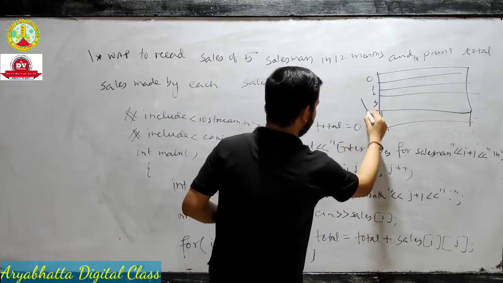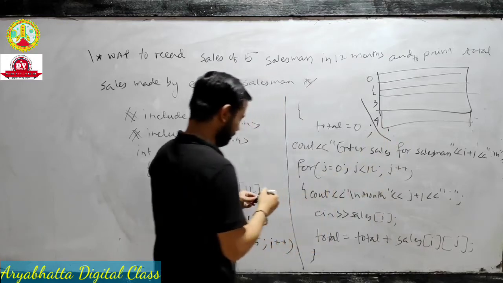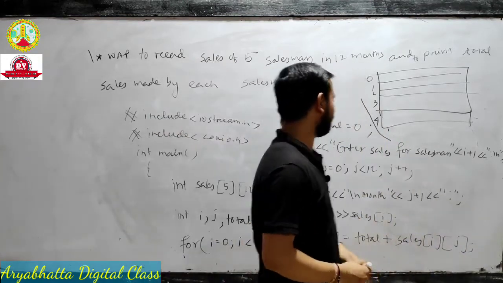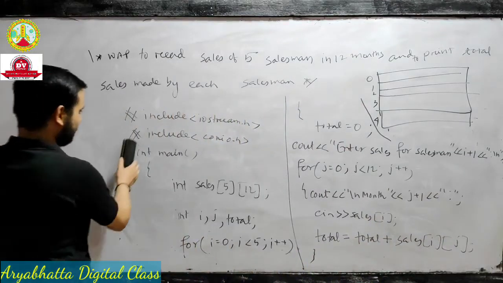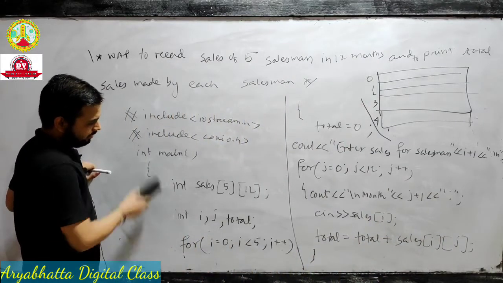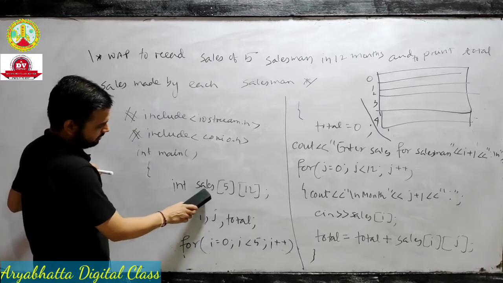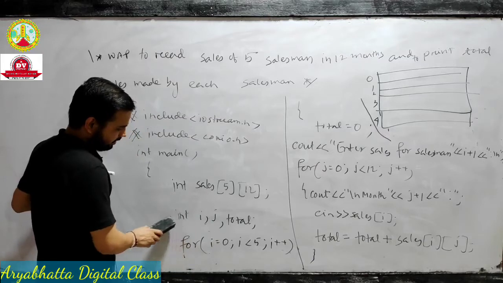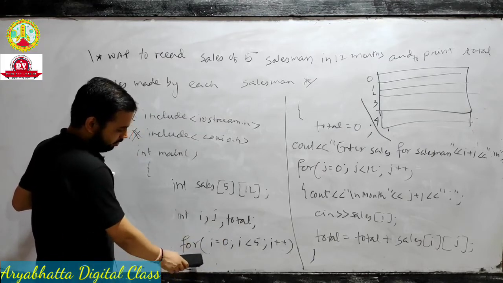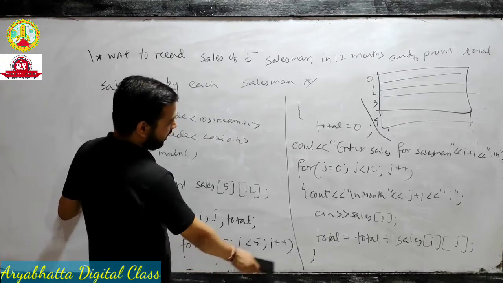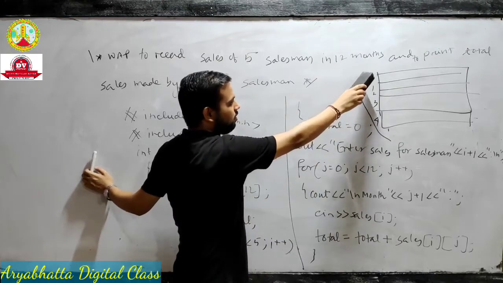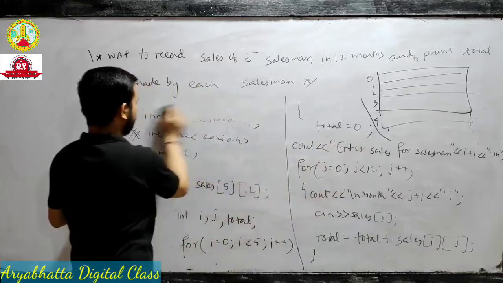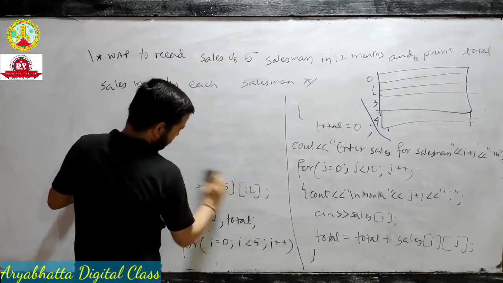Initially total is 0. This is the input: enter sales for salesman. Up to this I hope you are clear; note it down. This is the two-dimensional array declaration, this is the variable declaration where we take three integer variables i, j, total, and this is the input loop. i equal to 0, i less than 5, i plus plus means this is the row; 5 rows, index 0 to 4.